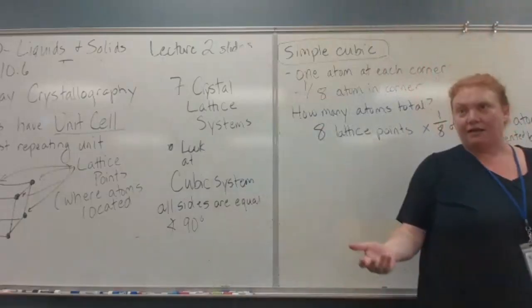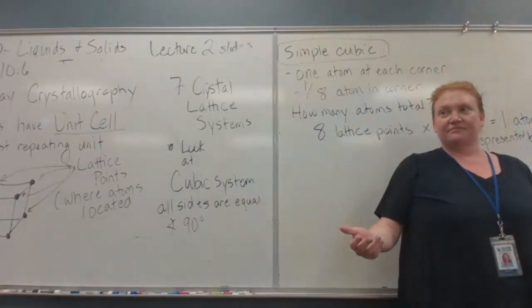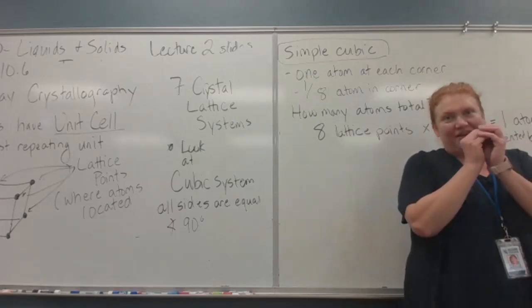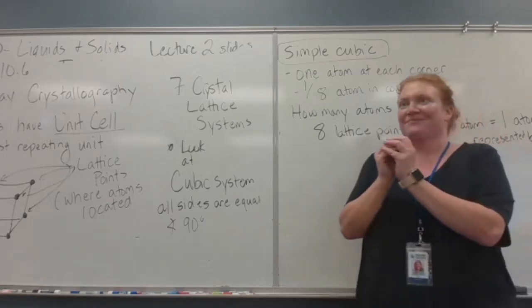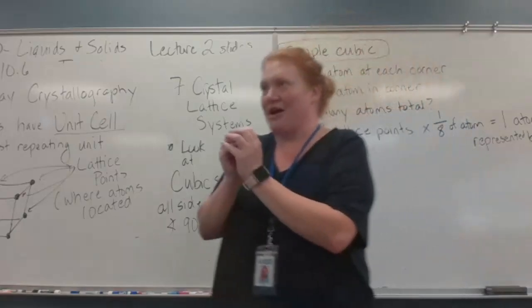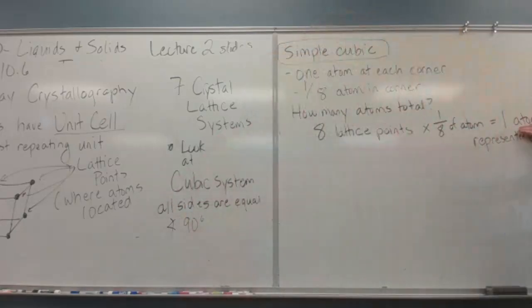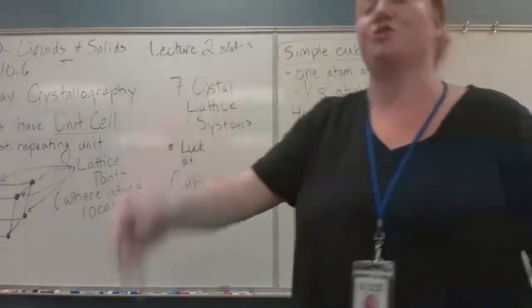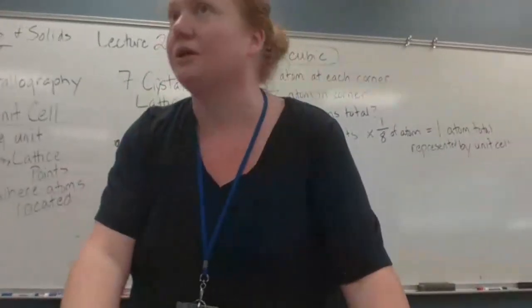What is the simplest unit of an element? It's the smallest building block of matter. An atom. An element is made of 1 atom, right? Smallest repeating unit, 1 atom of an element. The unit cell reflects the smallest repeating unit.